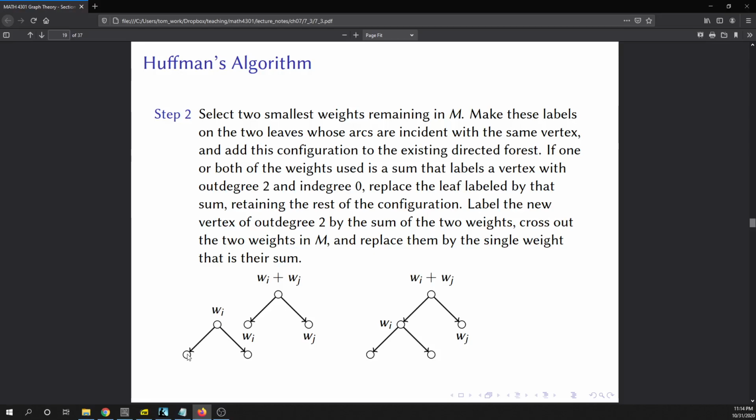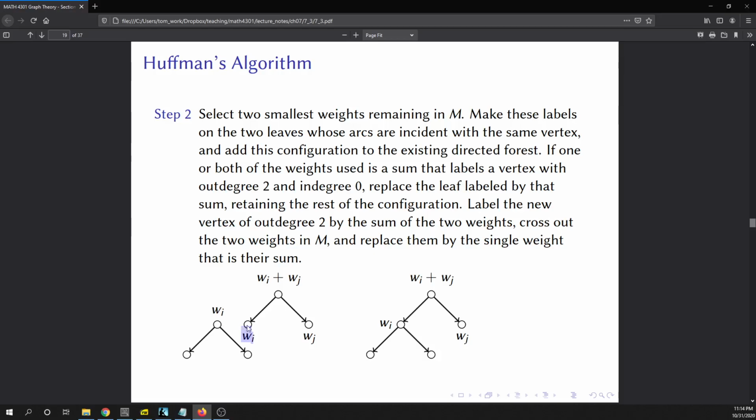We're going to label those 2 bottom ones with the 2 smallest numbers, and then label the top with the sum as well. So that's essentially the same thing that we did in step 1. Now the catch is that if you have one of these leaves in the tree with the same number as the one that you just added right here, so this and this number match, then what you're going to do is attach these trees together.